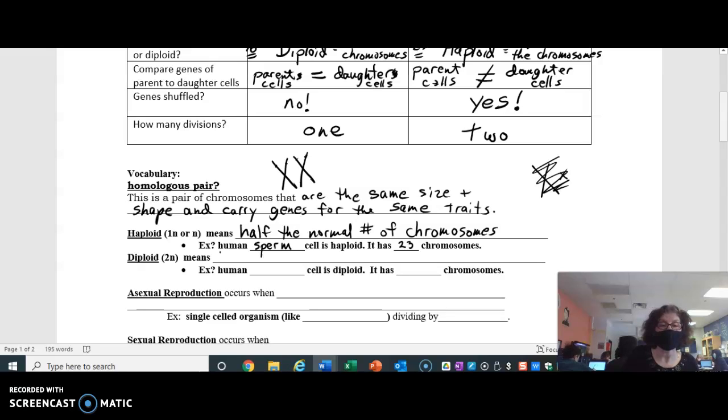Diploid means the whole number of chromosomes, all of them. So the entire number of chromosomes.